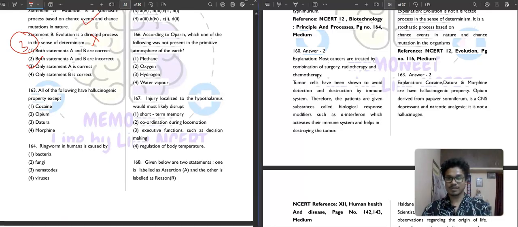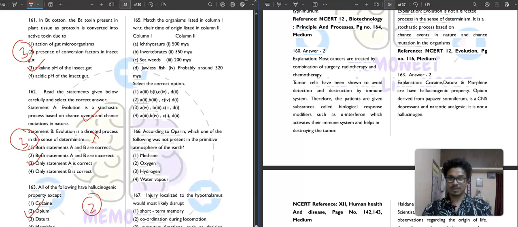So, second option is your correct answer. Then question number 164. Ringworm in human is caused by bacteria, fungi, nematodes or viruses. So, ringworm in human is caused by fungi, fungal infection, okay. Second option, Candida.